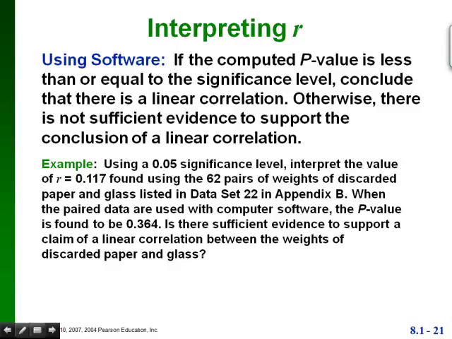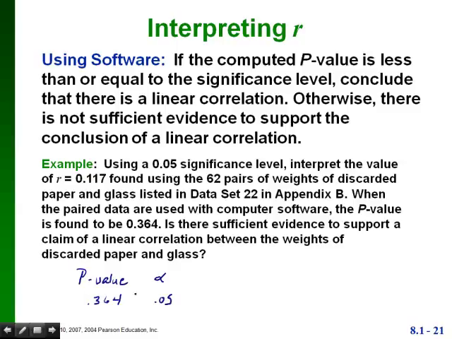Well, since the p-value is 0.364, this works just like the hypothesis testing that we've been doing. Our p-value here is greater than our significance level. So again, we're comparing our p-value to our significance level alpha. Our p-value is 0.364. Our alpha is 0.05.